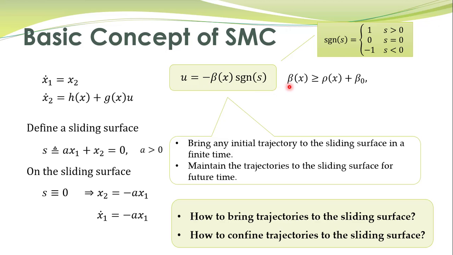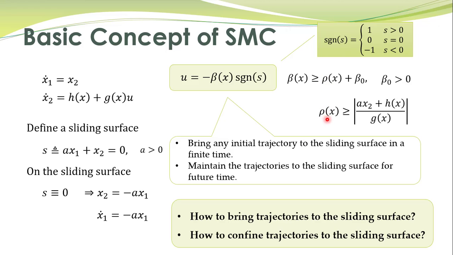Beta of x is greater than or equal to rho of x plus beta naught, where beta naught is any positive constant, any number which is greater than 0, and rho of x is given by this inequality.